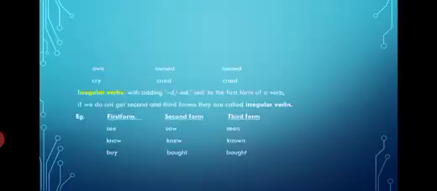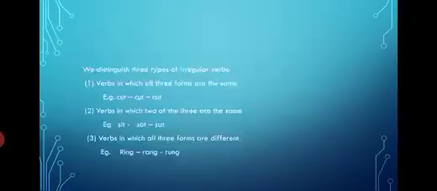See, second form is saw, third form is seen. Know, second form is knew, third form is known. Buy, second form is bought, third form is bought. See, with adding d or ed or ied to the first form of a verb, we are not getting the second and third forms. So these are called irregular verbs.